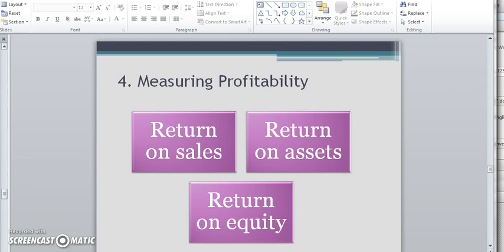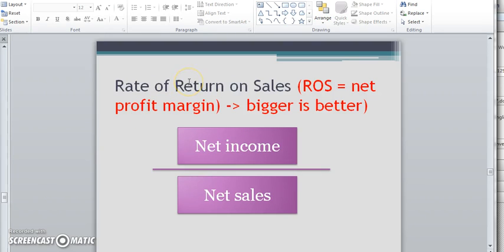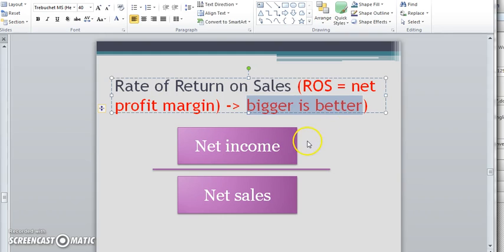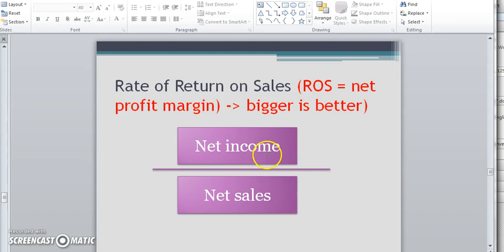Let's take a look at the first one, which is the return on sales. Return on sales, you want this to be a big number. The bigger, the better, because it is your net income divided by your net sales. Let's think of this rationally. What is net income?